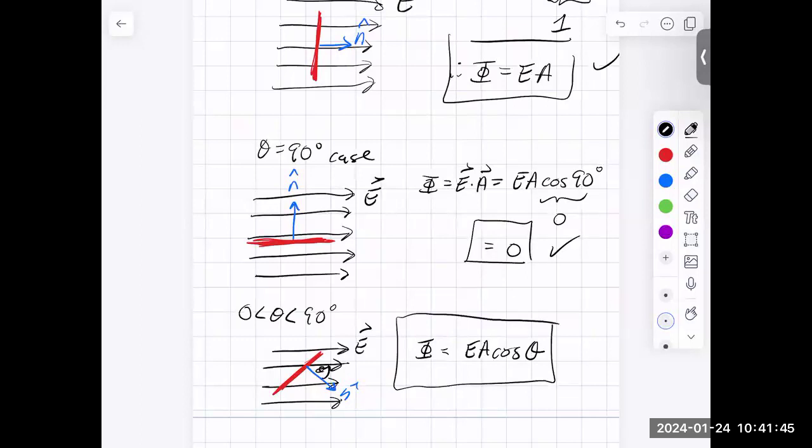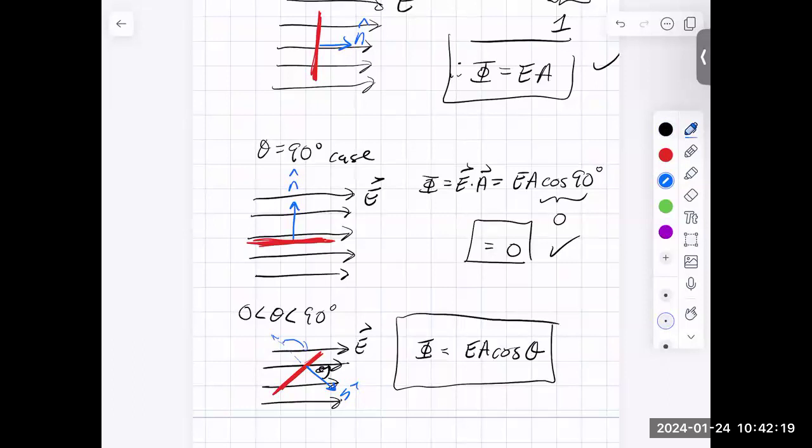Does anyone have any questions about any of this stuff? Yeah. Does that mean that the electric flux will not be negative? So yeah, that's a good question. The way I drew my normal vector in this last example, I made a theta that is between 0 and 90 degrees. I could have drawn a normal vector like this so that the angle here would be more than 90 degrees.